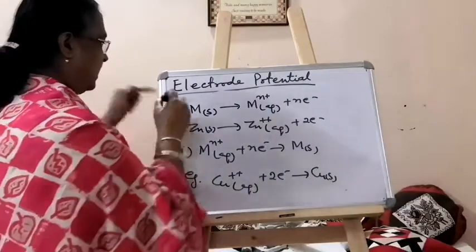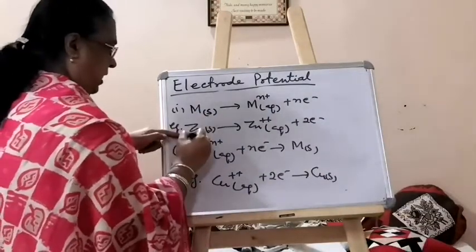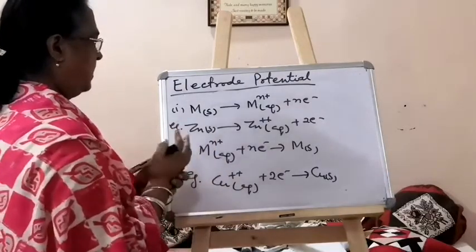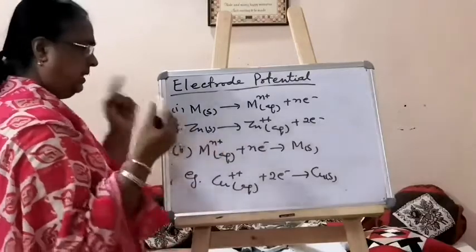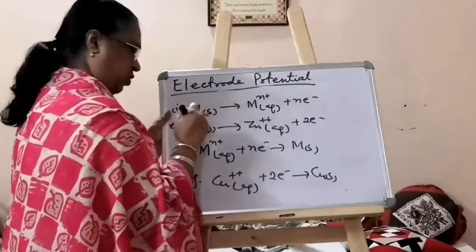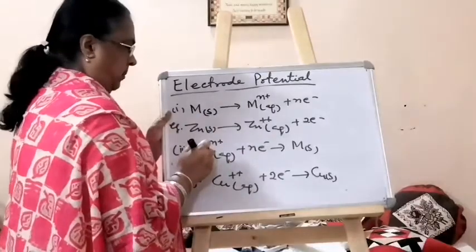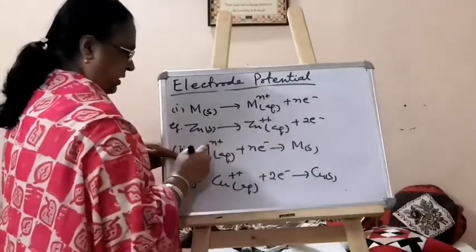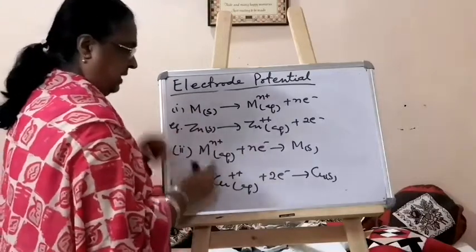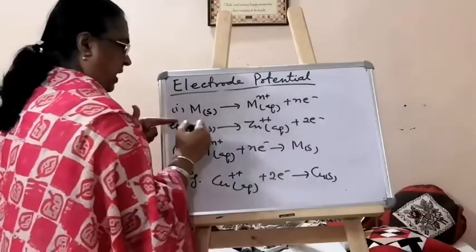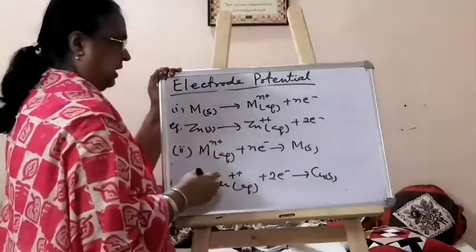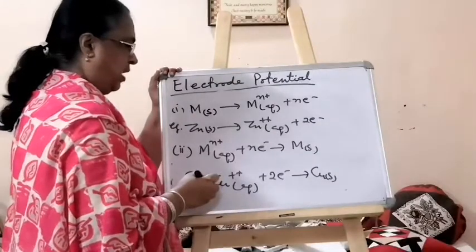So why is this reaction common in zinc and why is that reaction common in copper? It is not necessary that this will always undergo oxidation; it can also undergo reduction. But when one more reactive metal is connected with a less reactive metal, the more reactive metal will undergo oxidation and the less reactive metal will undergo reduction. Why?